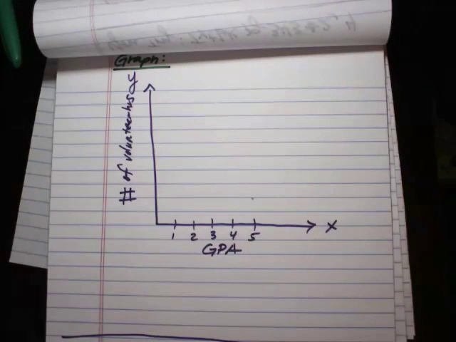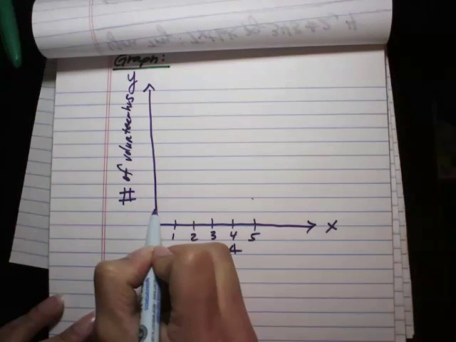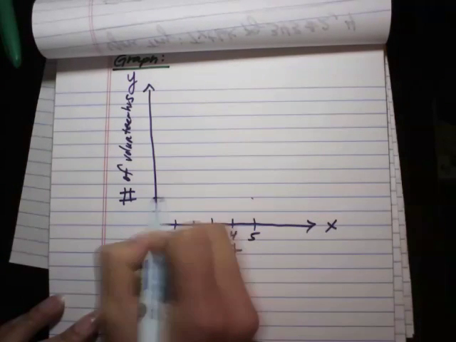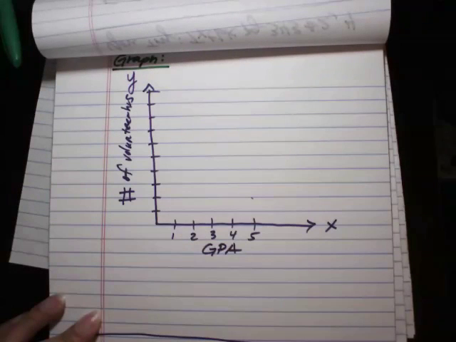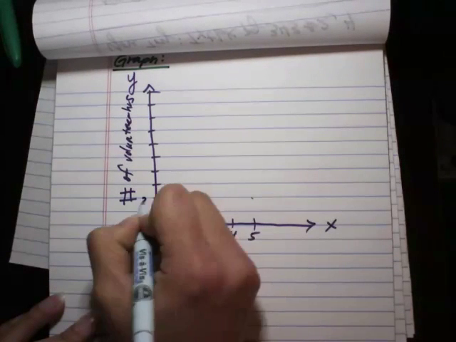And you're never going to have a negative GPA, so you don't have to graph that side of the equation. We have here a number of volunteer hours, but it has to be at least 10. So it can be more than 10, but in this particular requirement, it has to be at least 10.